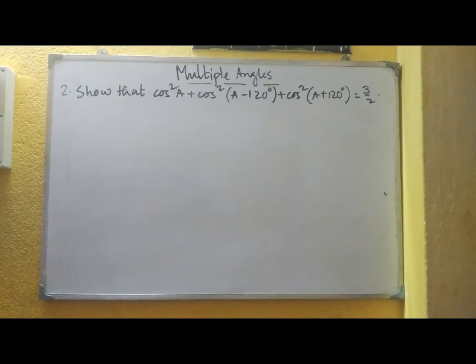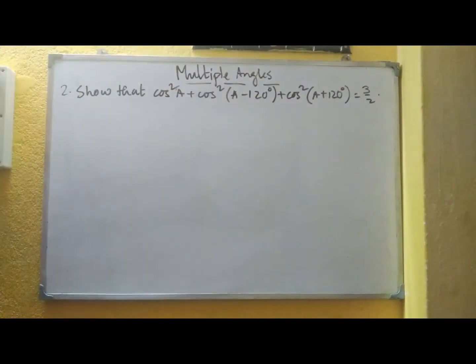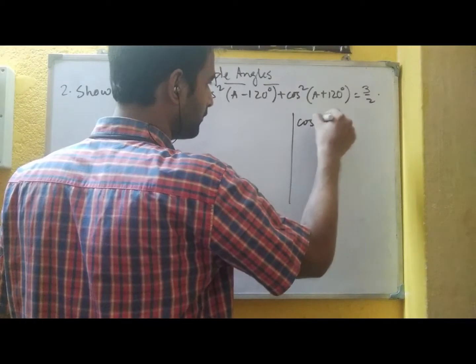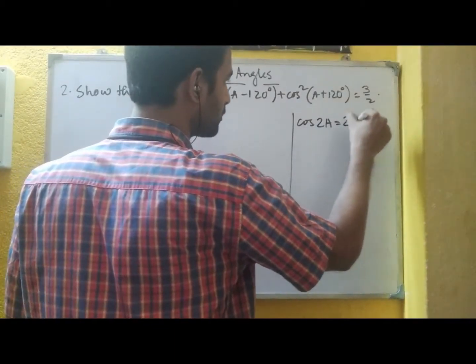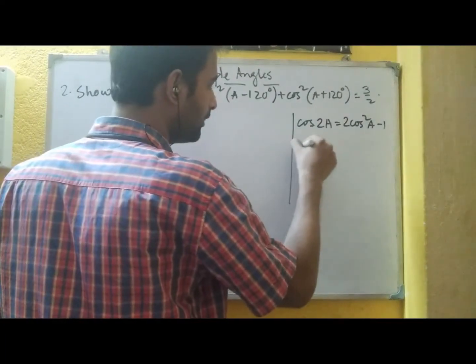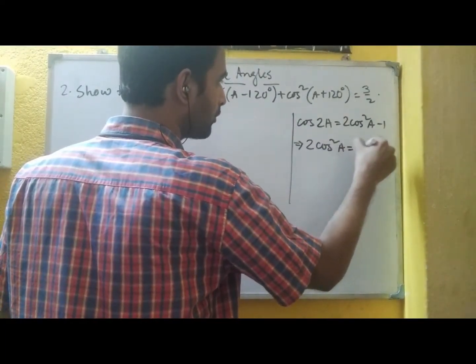Now see, we will modify a formula. We will modify the formula of cos 2a so that we can apply it here. As we have seen, the formula of cos 2a is 2 cos square a minus 1. We will apply the formula like this: 2 cos square a is cos 2a plus 1.